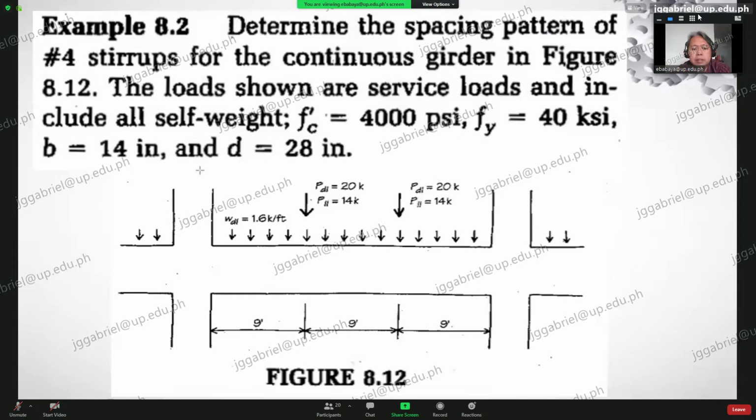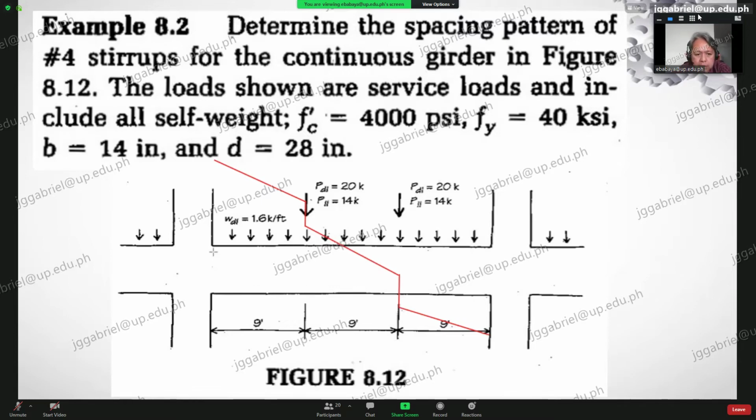Antisymmetric means yung magiging itsura niya is like this. Parang ganyan siya. No?